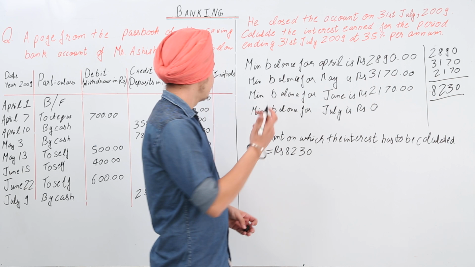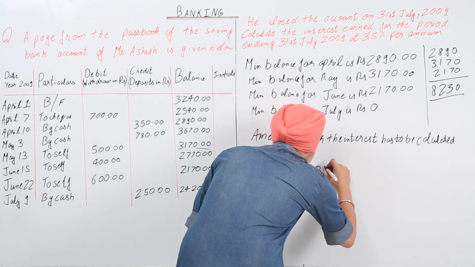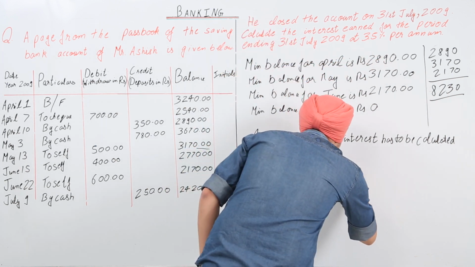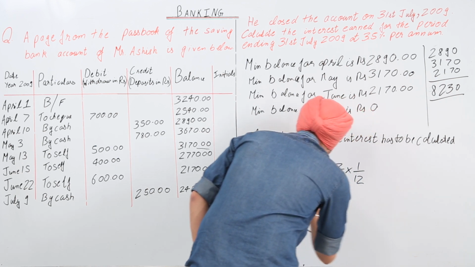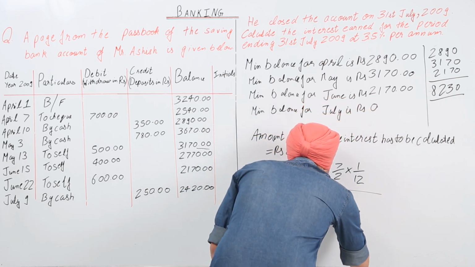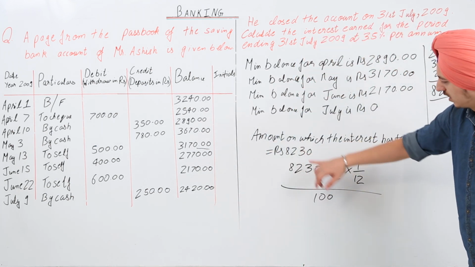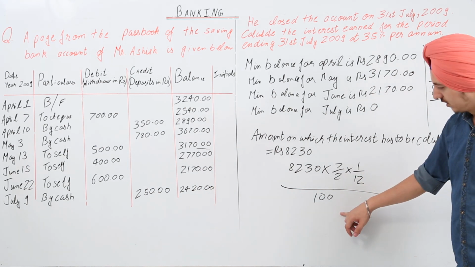So how do we do that? We have 8230 into the rate of interest, that is 3.5 divided by 12 upon 100. So this is the 8230 amount, this is the rate of interest divided by 12 upon 100.